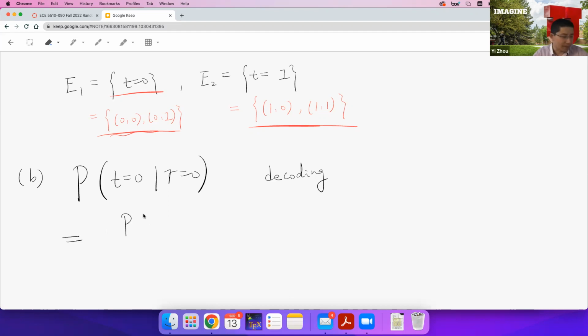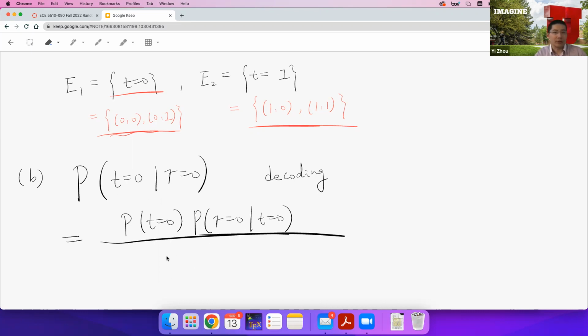So you just apply Bayes' rule exactly. The numerator is basically this product. Here it involves this conditional probability where we are conditioning on T, looking at R. It's different from this one. And the denominator is actually the probability of R equals 0.